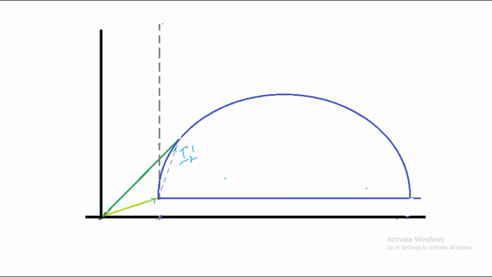In the previous diagram we applied the parallelogram law, and here in the actual circle diagram we can find the resultant current by applying the triangular law. Here this is vector 1 and I2 dash is vector 2, and the connection of these two vectors gives the resultant vector in the triangular law. So this would be the resultant current phasor I1.